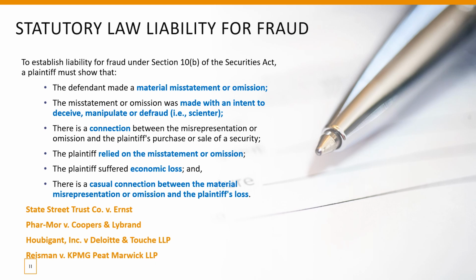An important case in this area is State Street Trust Company versus Ernst. In this case, the auditors issued an unqualified opinion on their client's financial statement, knowing that State Street Trust Company was making a loan based on those financial statements. A month later, the auditors sent a letter to the client indicating that receivables had been overstated.